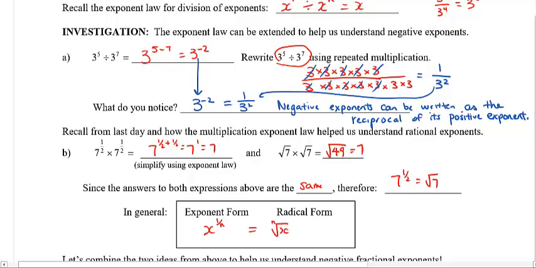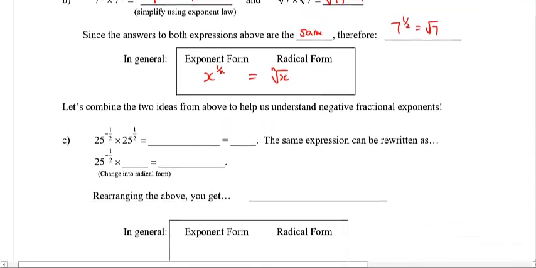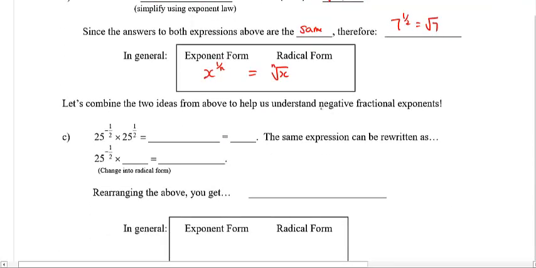Remember all that stuff? Well, now what I'd like to do is actually combine those two ideas together to help us understand negative fractional exponents. So in this case now I have 25 to the power of negative 1/2, okay, this is negative 1/2 now, times 25 to the power of positive 1/2.